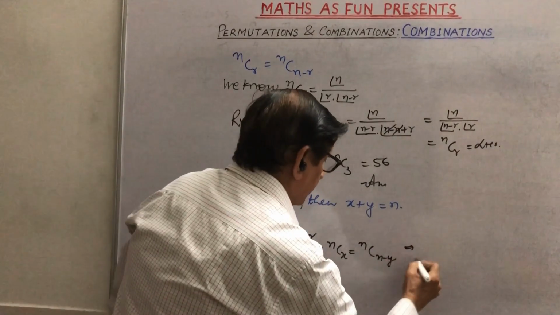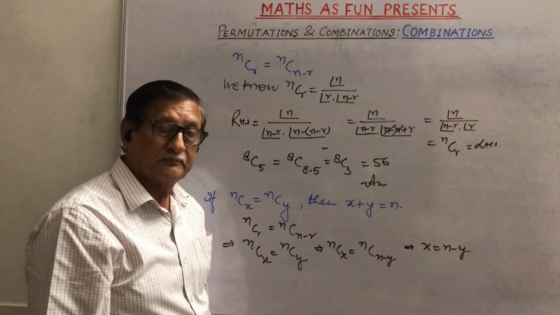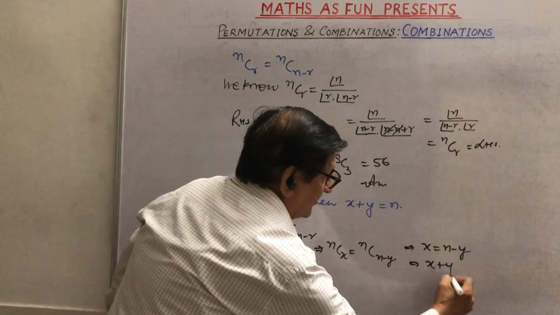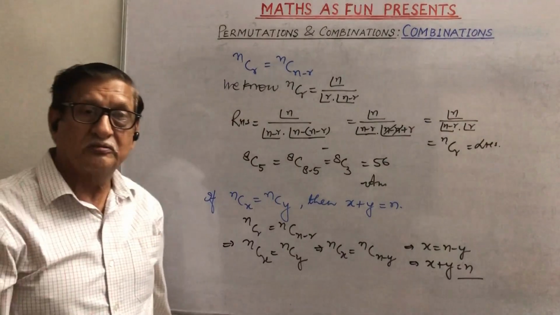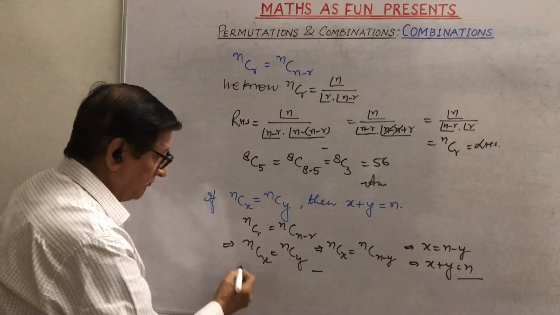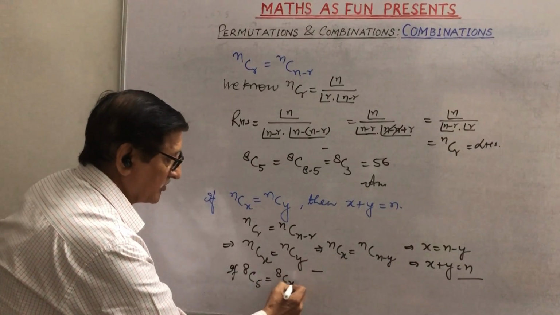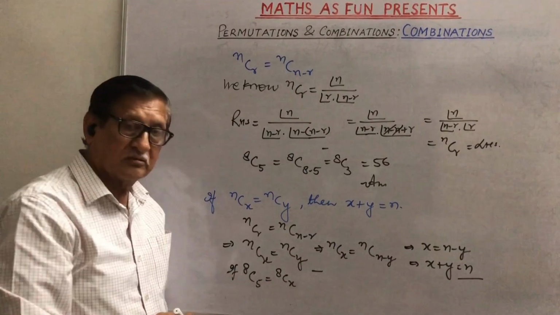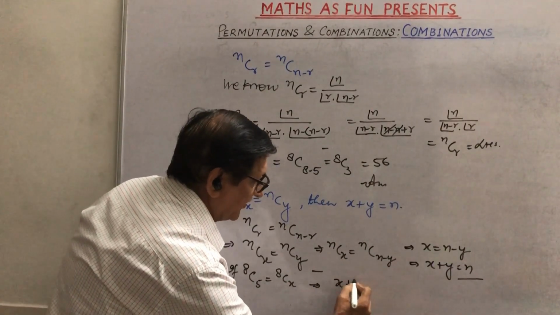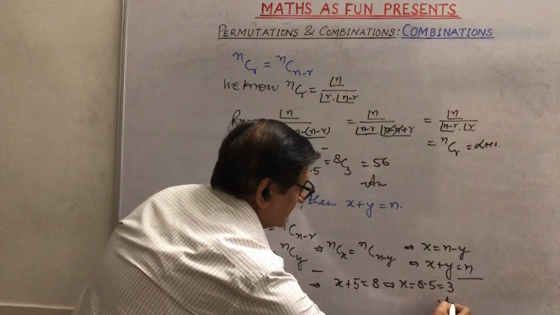Can we say then that x is equal to n minus y? Or we can write that x plus y is equal to n. That is the proof of this. Based on this, suppose you are given a problem, if 8C5 is same as 8Cx, find the value of x. What we will do? We can apply this property here and we can write that x plus 5 will be equal to 8. It means x is equal to 8 minus 5, that is 3.